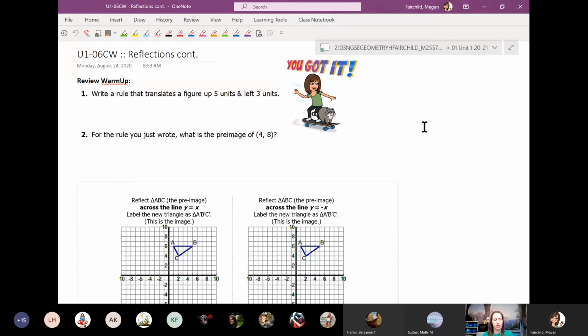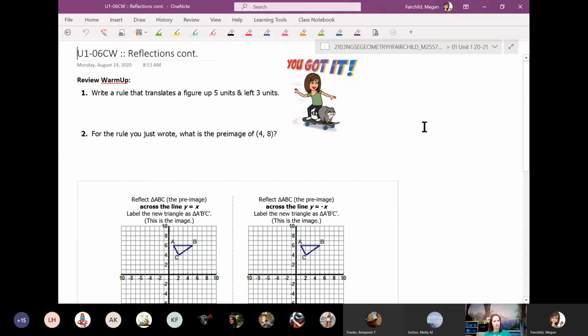So the first one, review. This is translations. Write a rule that translates a figure up 5 units and left 3 units. So random name generator. Here we go. Elliot, do we have an answer for this one?